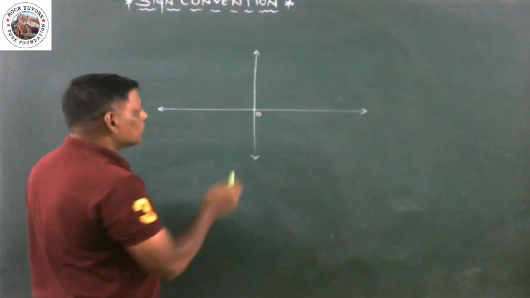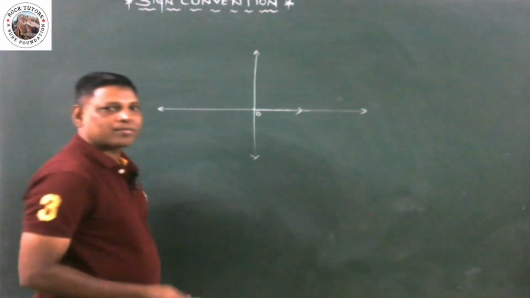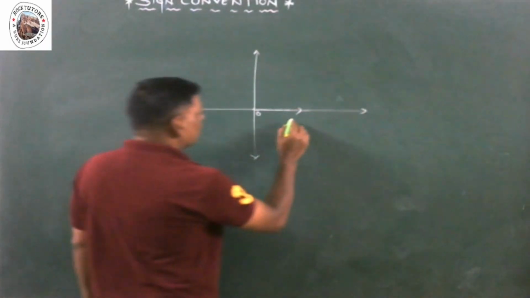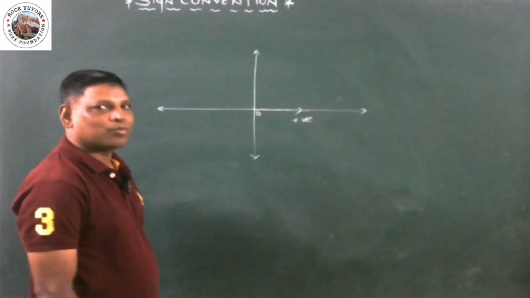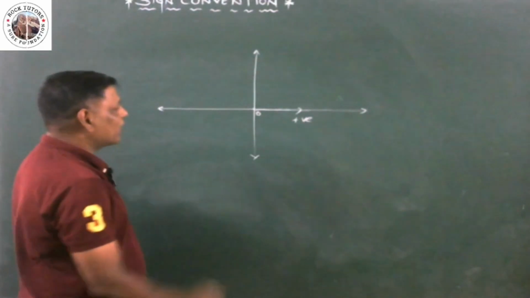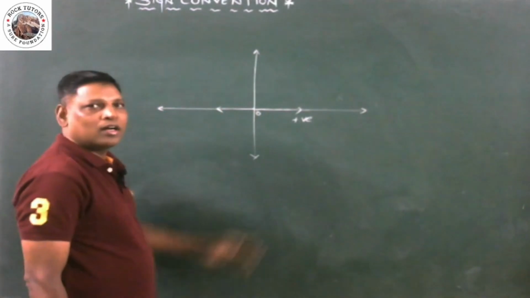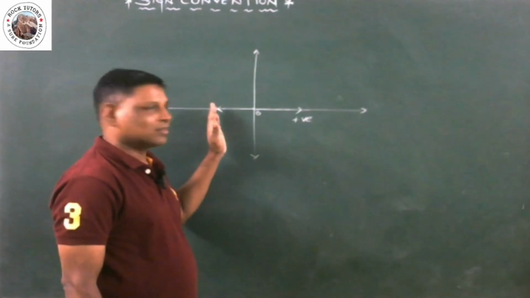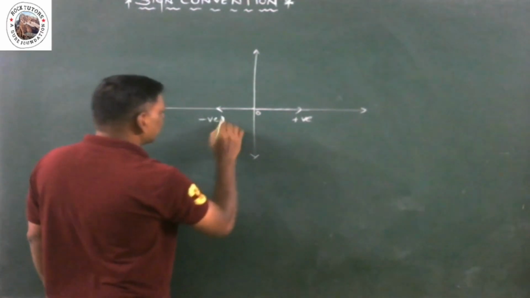If you move towards the right side of the origin, you will get positive values. If I am moving towards the left of the origin, we will get negative values.